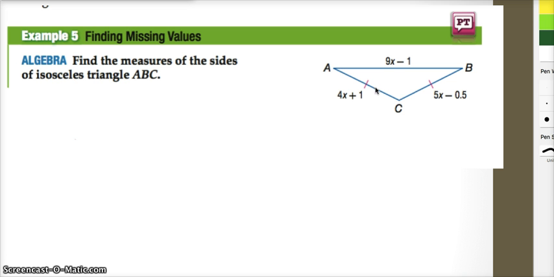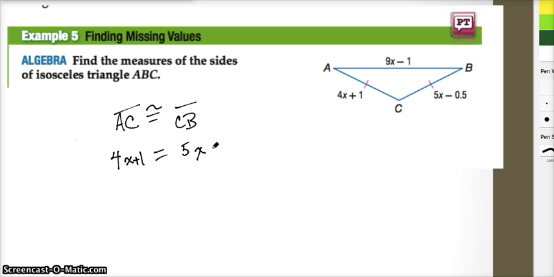Each side is represented with an expression of x, and we are given that AC is equivalent to BC by these hatch marks. I'm going to use that to my advantage. Since I know AC is congruent to CB, I'm going to set the measures of each of those lengths equal to each other.